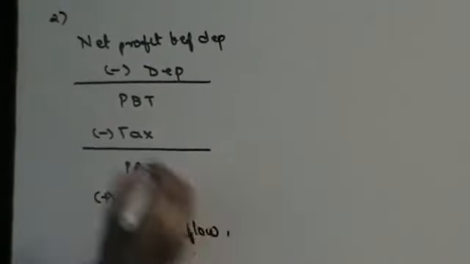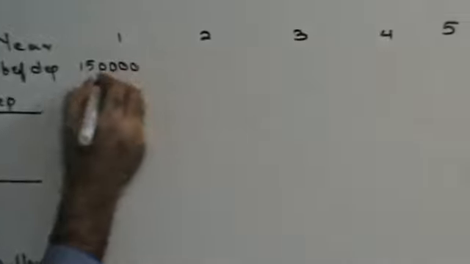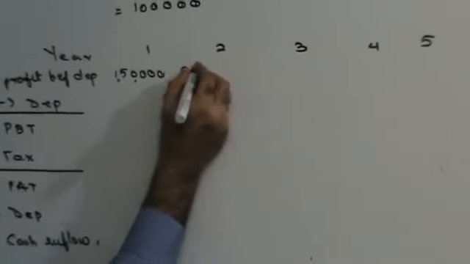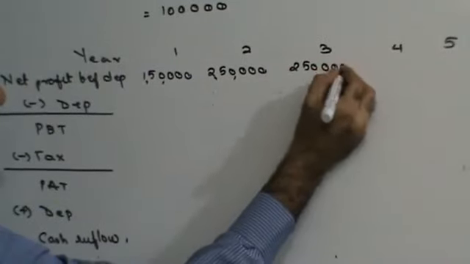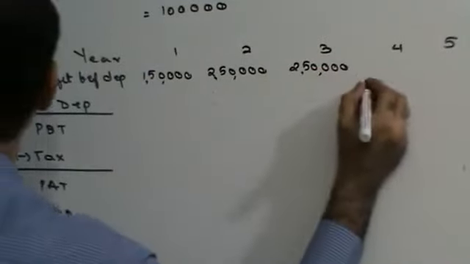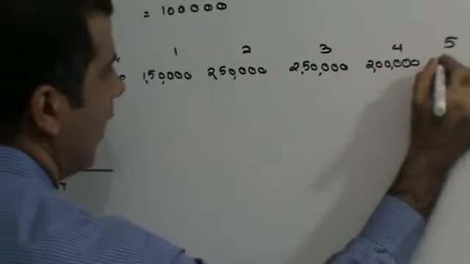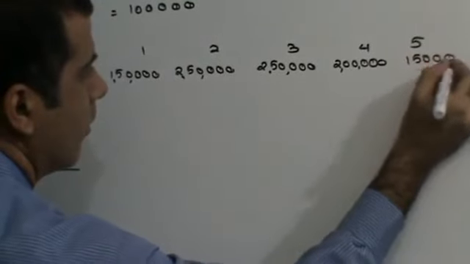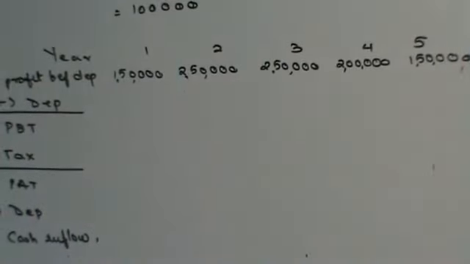Let's see this. They have given you data for 5 years, 1, 2, 3, 4 and 5. The cash inflows are given to you as 1,50,000, 2,50,000, 2,50,000, 2 lakhs and 1,50,000. Right? These are the cash inflows given to you.